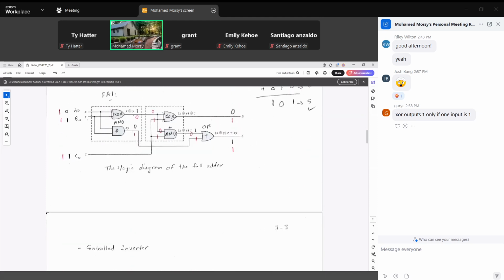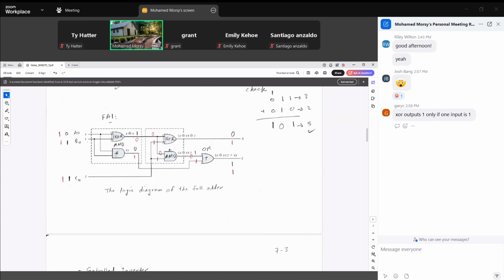So we have an exclusive OR and AND gate, another exclusive OR and AND gate, and they are combined together through an OR gate. The last gate is the OR gate to get the carry out here. So it does the same function we mentioned.